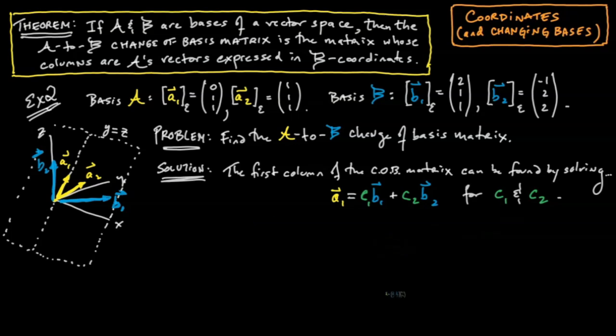Everything looks great here. But since we're ultimately going to be working with the e-coordinates of these three vectors, let's rip the e-coordinates from both sides of that equation. This right-hand side can be simplified by using those linearity properties of this coordinate operation we discussed earlier. When we apply them, this right-hand side becomes this stuff, C1 times B1's e-coordinates plus C2 times B2's e-coordinates.